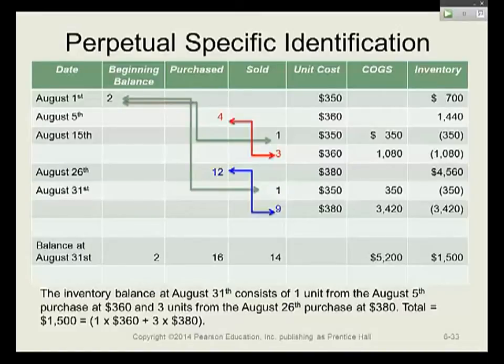So if we go back to our, and I'll put this right back, if we go back to our base illustration, in this example, cost of goods sold, if you take specific identification, cost of goods sold is $5,200 and ending inventory is $1,500. So the allocation will be $5,200 going to the cost of goods sold, the income statement, and the balance sheet is $1,500.